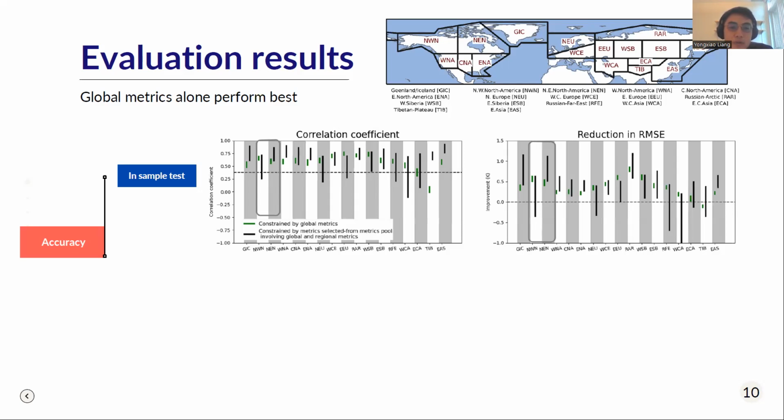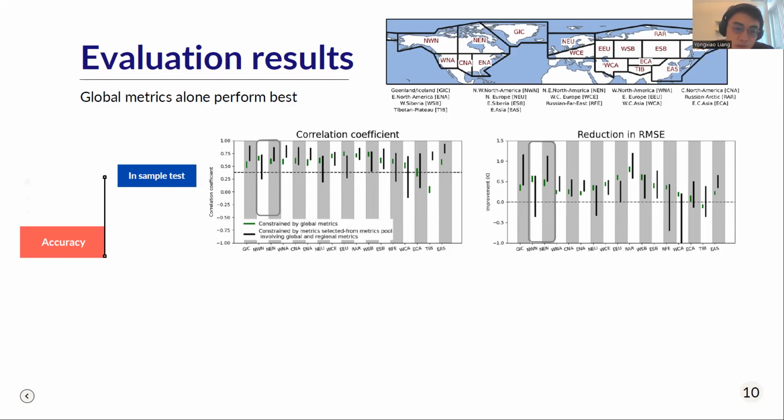This performance is measured by the correlation coefficient and reduction in the RMSE; we expect a greater positive value of correlation coefficient and a greater value of reduction in RMSE. And the spread of the bar here represents the impact of internal variability.